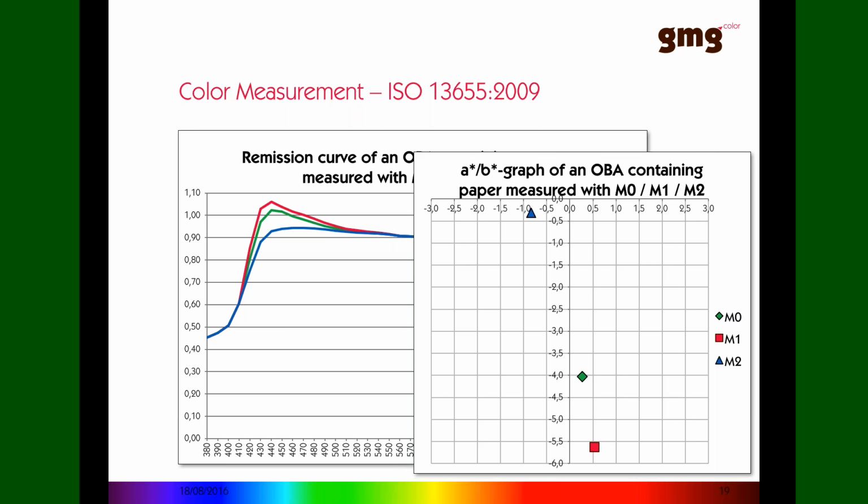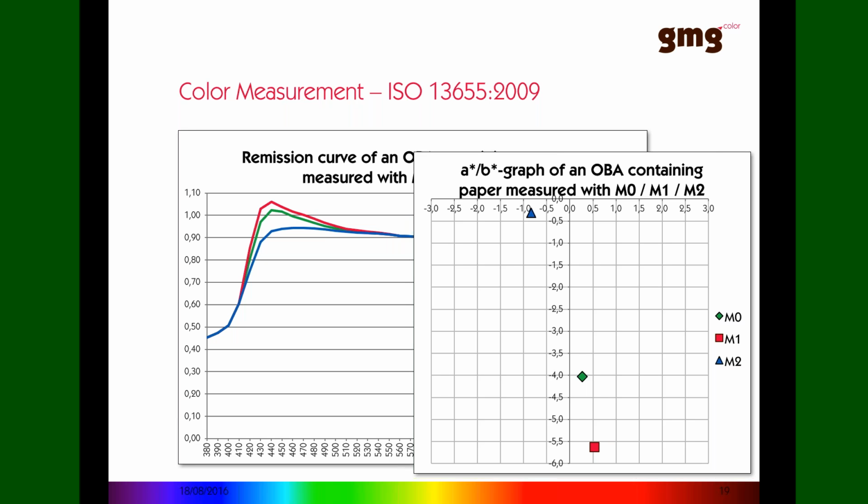Then in green you see the result using the M0 measuring device. Here optical brighteners get excited and turn the measurement result into a more bluish result. We have a B value of -4, and it also gets a bit more reddish.